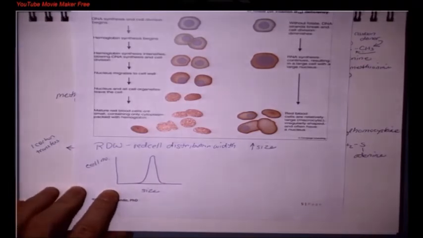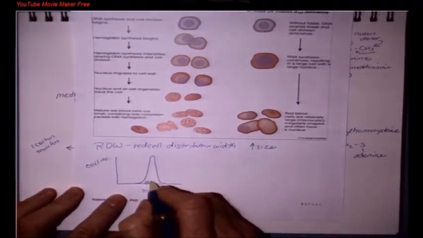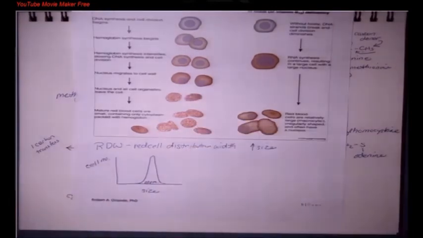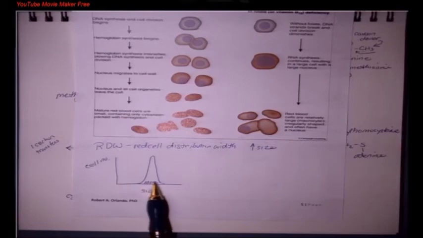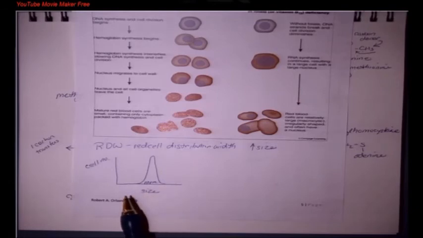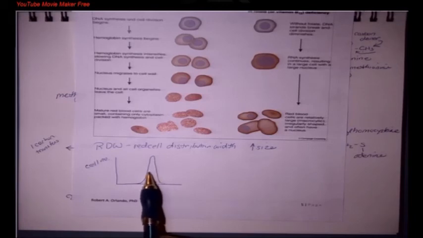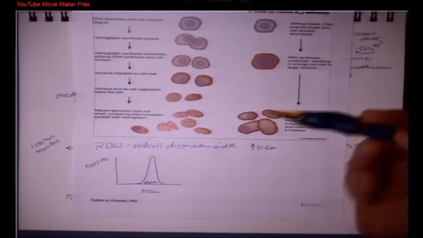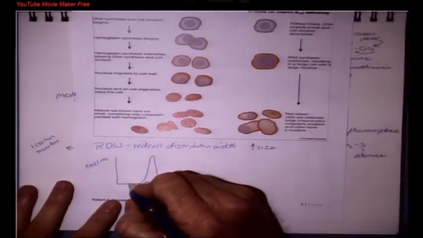So this is normal. And this simply means that our red blood cells are all of the correct size. The majority of them under this curve are of one size. You've got some that are a little bit bigger, some that are a little bit smaller. Not a real big issue. The key is the distribution width of size is narrow. Now, with megaloblastic anemia, because we have a DNA synthesis problem, what you're going to have is this.